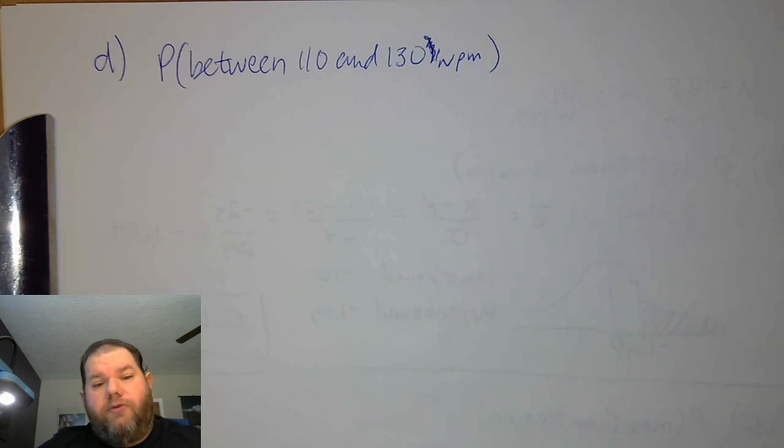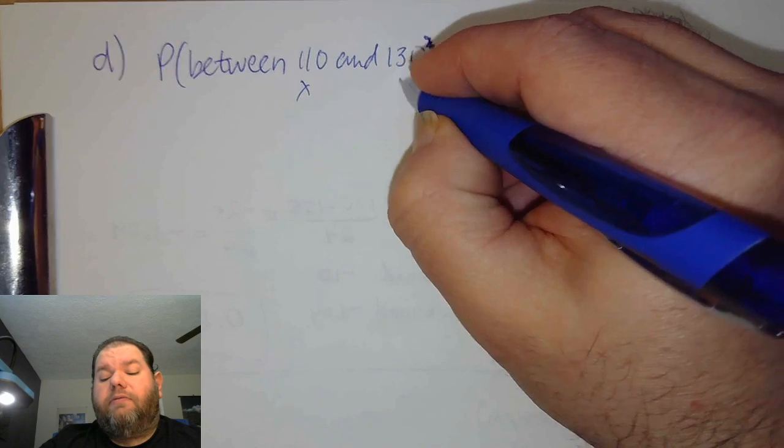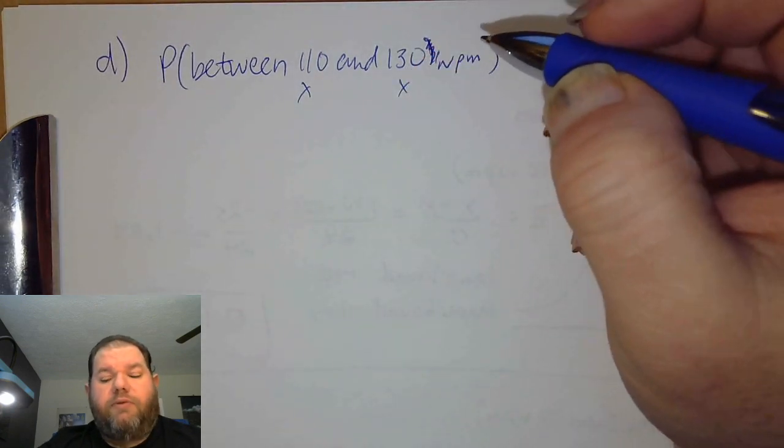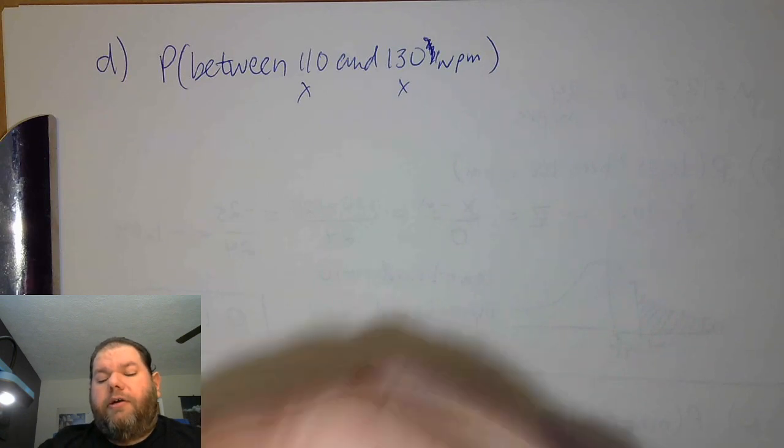Alright, now when it's between two values like this, we did go over one example very quickly last Thursday, but each of these are considered X values. These are data values, 110 and 130 words per minute, because they're measured in words per minute. So all of our data values in this problem are measured in words per minute.